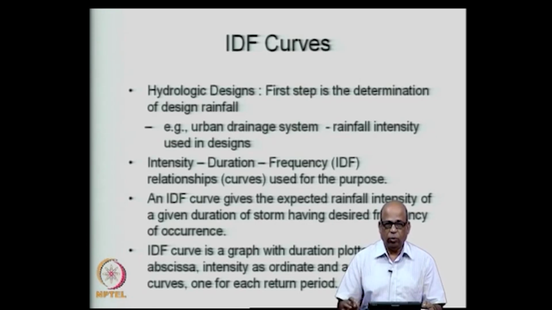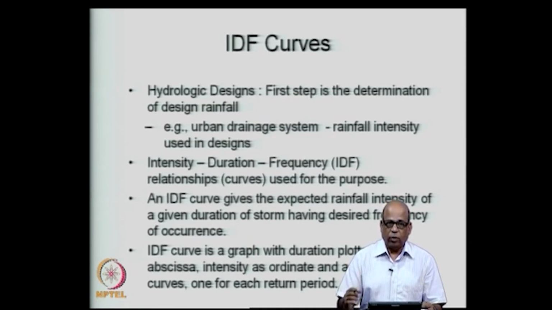So, right now we will not worry too much about design duration. We will assume that the design duration is given, and then for that duration we would like to calculate the intensity of the rainfall that needs to be used in the hydrologic design corresponding to a given frequency or the given return period of that particular event.